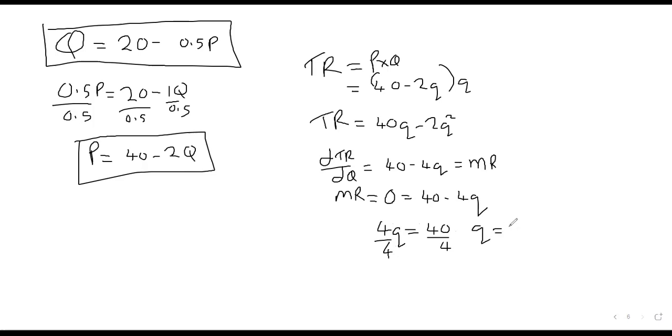So if Q is 10, that is the output in terms of units. What is our price? So where there is Q, put a 10. So this is 40 minus 2 times 10. So 40 minus 20, which will give us a 20. So this is how we optimize. This is called optimization.